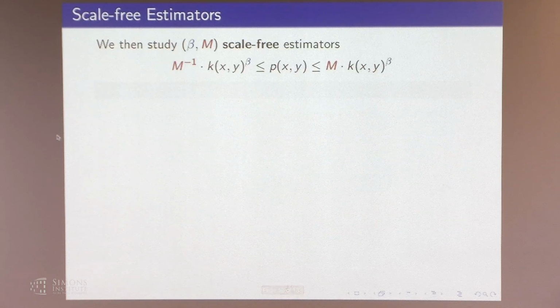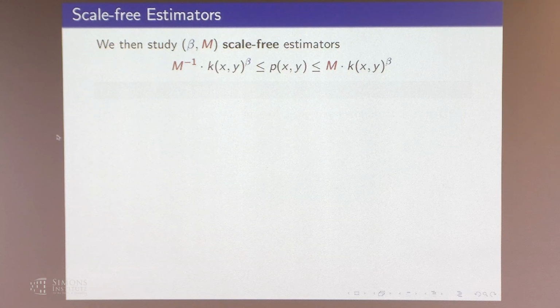Okay. So in our analysis, one thing that gives you interesting bounds is to look for hash functions where the collision probability scales somehow as a function of this kernel that you wanted, right?